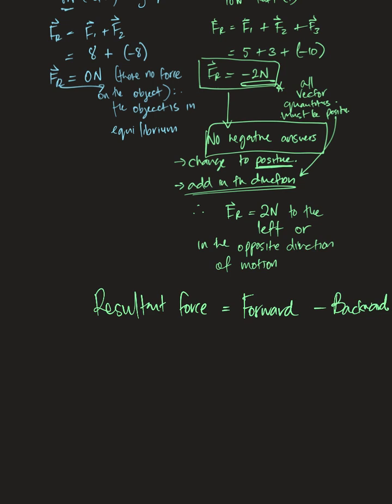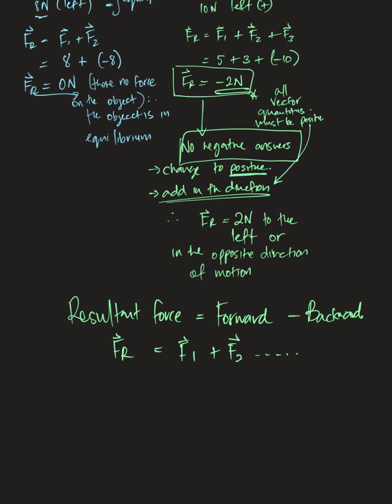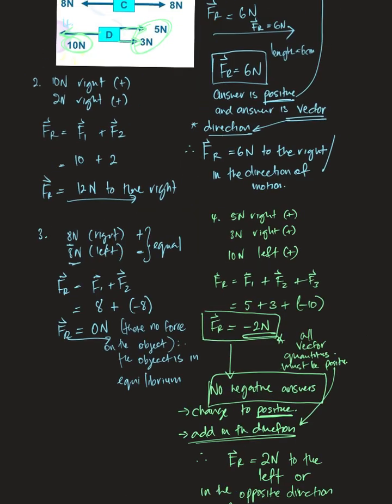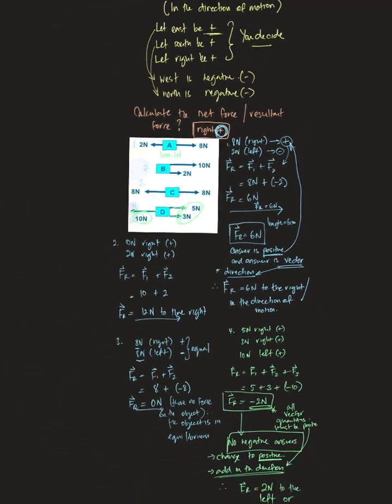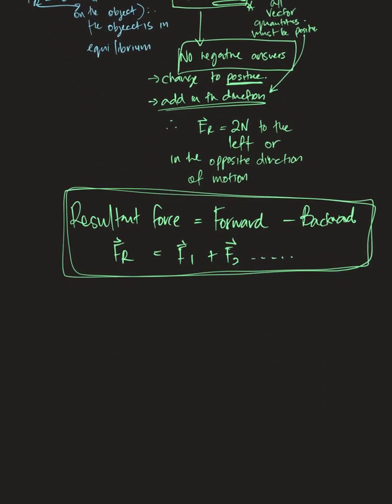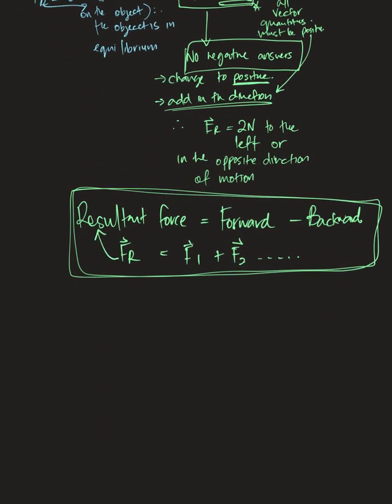Or I can say that the resultant force is equal to F1 plus F2 dot dot dot. Right, you can think about it in these two ways. These are two formulas. Obviously they're not on your formula sheet, but it's a way of thinking about how do I add and subtract, or how do I work with vectors. Right, so this is the work that we're looking at. And these are the types of formulas that we're working on. This here means the same thing. Right, resultant force, resultant velocity, whatever the case is.